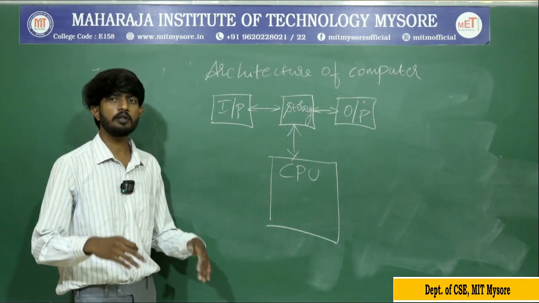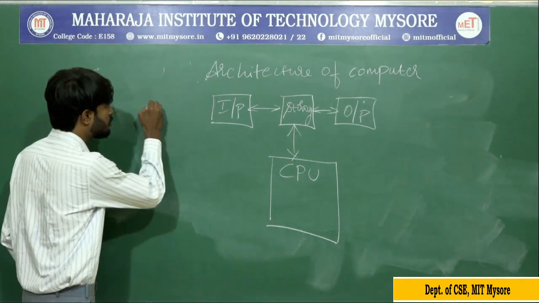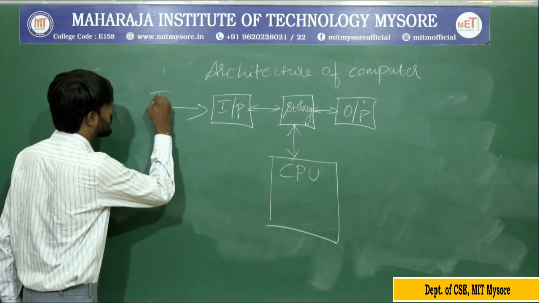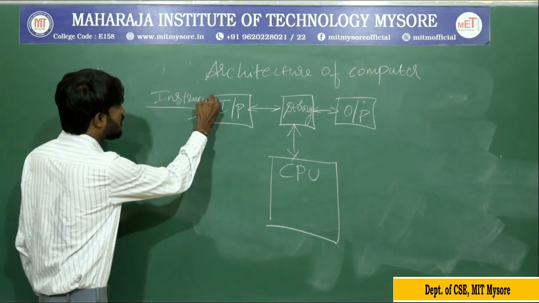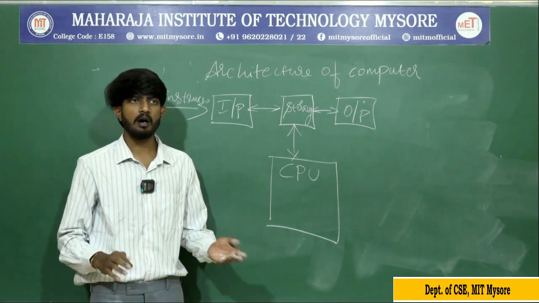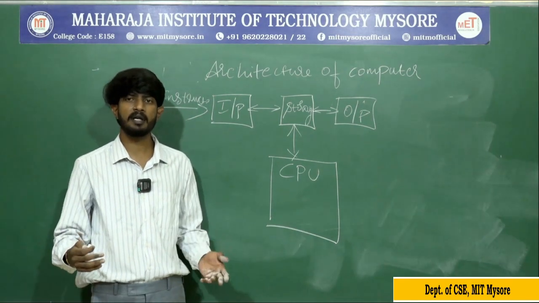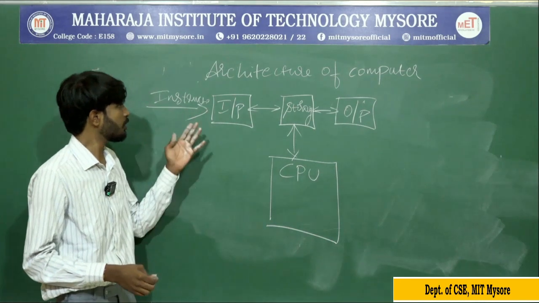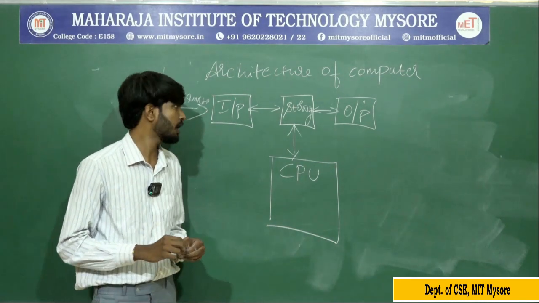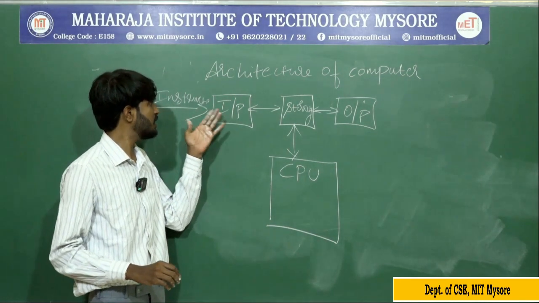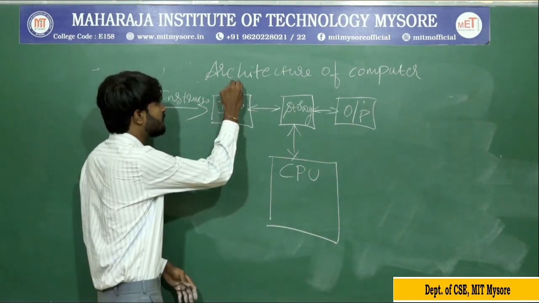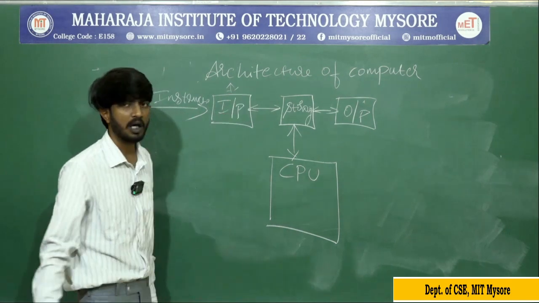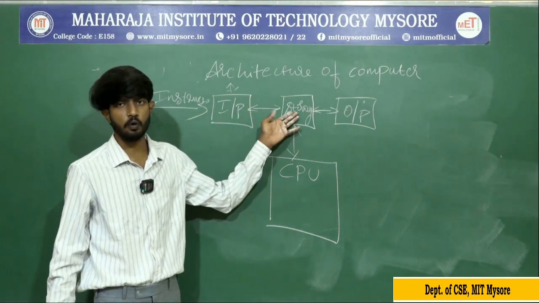So the user is going to give some instructions to the computer. Instructions may be a program, or it may be a button click event, a close event, or an open file event. So this is what you give as the instructions. Next, the instructions are taken as the input, and for this we need some devices. Then it will store.